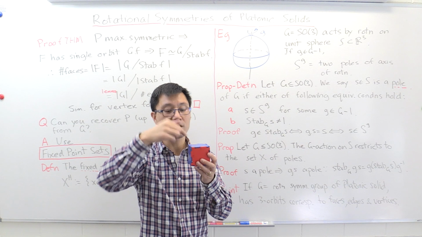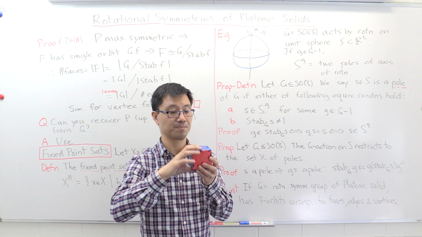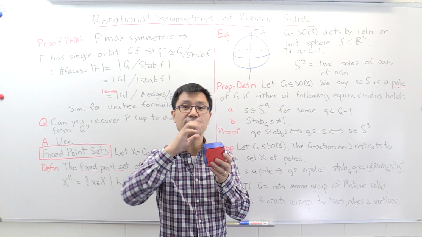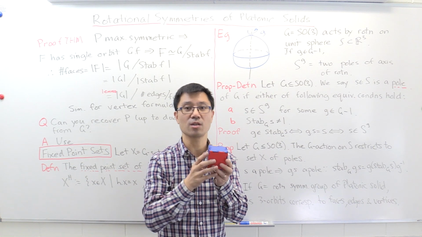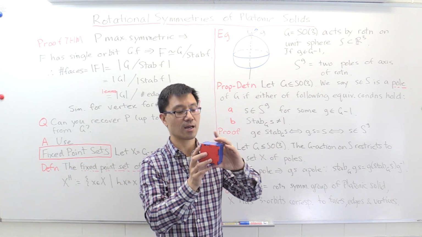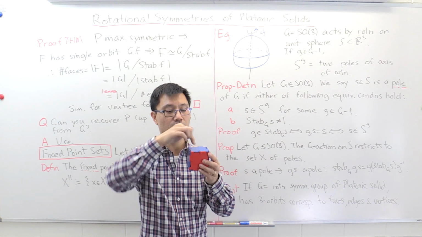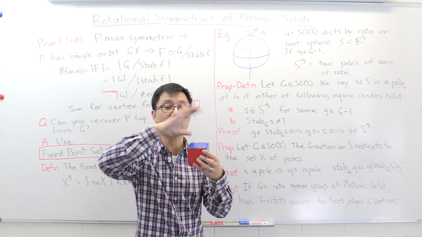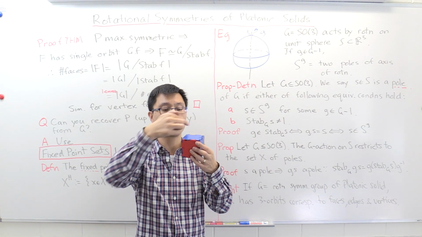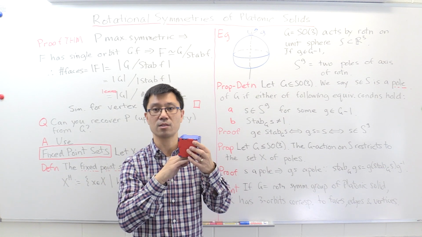And of course, maybe you want to get at all the vertices. So how do you get something which corresponds to each of those things? Well, if you look at a rotation which goes through the midpoint of this face, you can look at the 2 poles, and those 2 poles will correspond to the top and the bottom face.